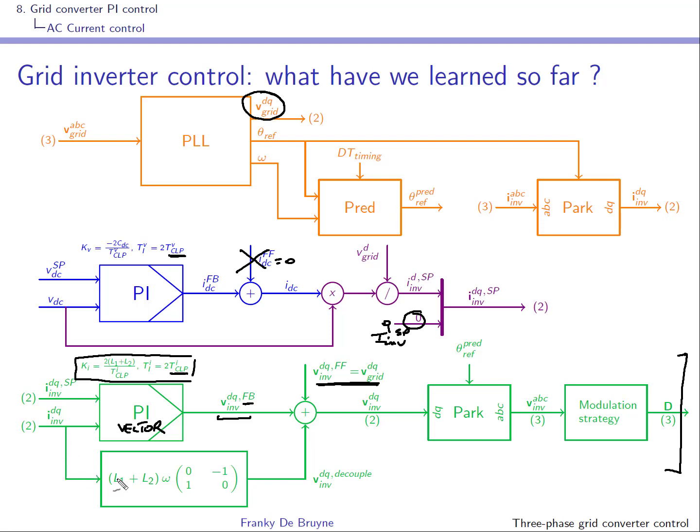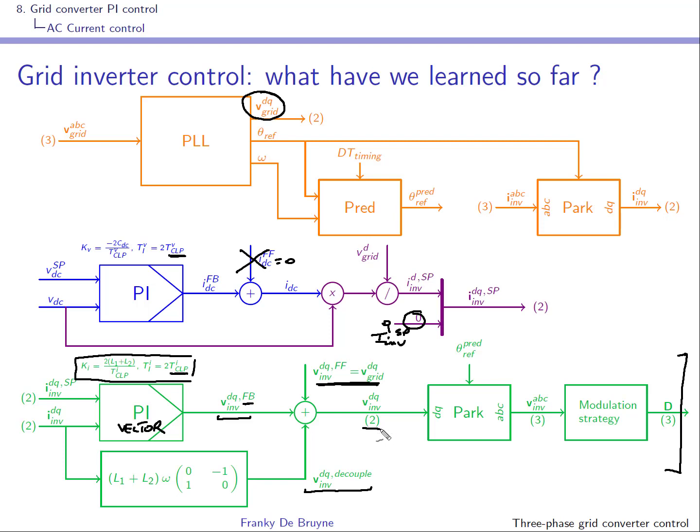And remember, you have this coupling effect, and the idea was to use a term in order to decouple the system. In that way the dynamics became a lot easier, so that you could use your PI controller and act as if the system was not coupled anymore.